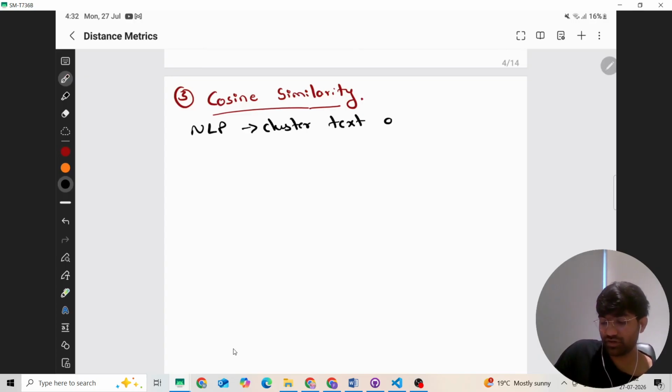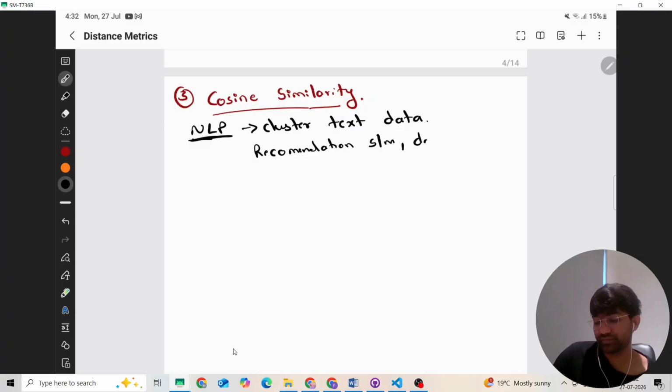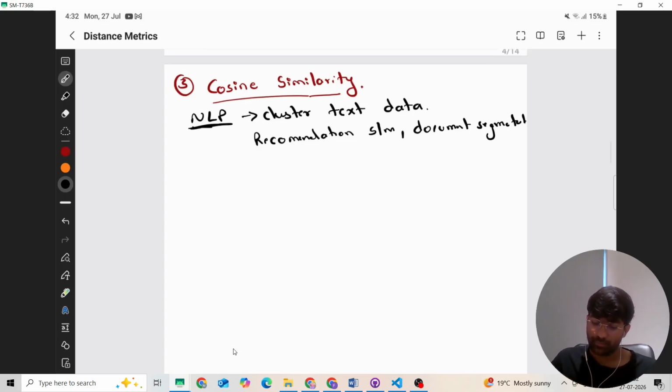NLP stands for natural language processing. So it is used in NLP machine learning, where we have to cluster text data, for example a recommendation system or document segmentation. In text data processing, we use the cosine similarity to cluster the text data.